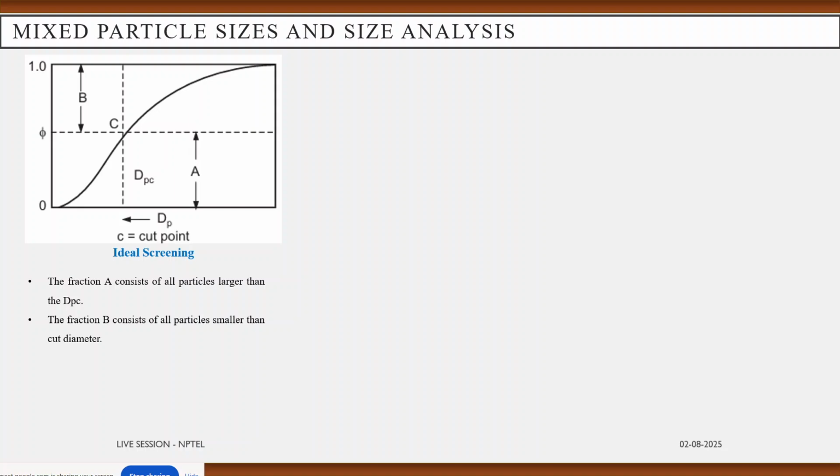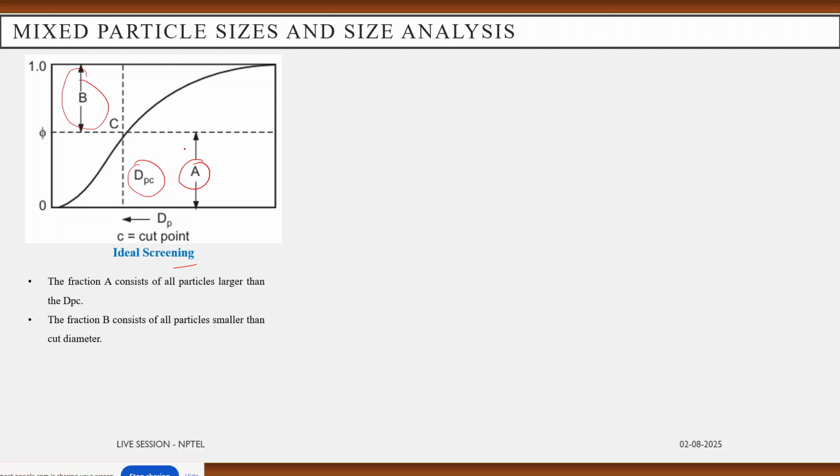So you can see this one represents the ideal screening. There will be a sharp differentiation between the overflow and the underflow. Here the fraction A represents all particles larger than dpc, which is the cut point diameter, and the fraction B denotes all the particles smaller than the diameter dpc.